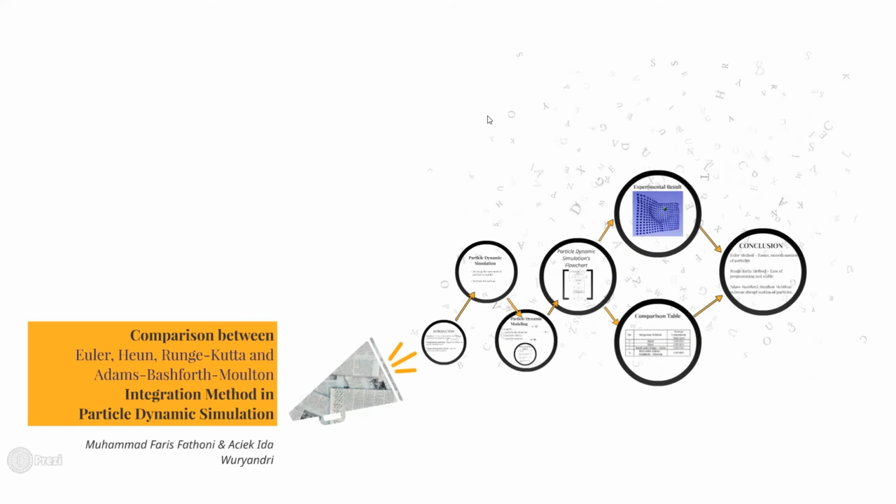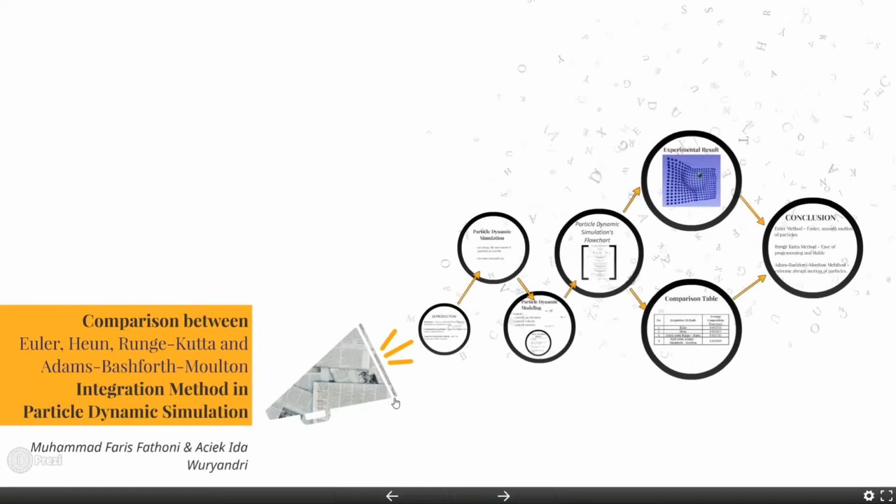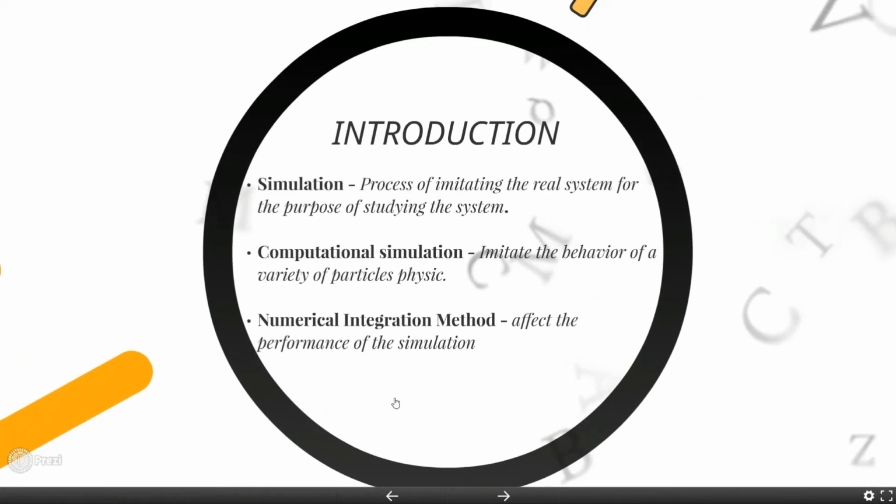As for the introduction, simulation is a process of imitating a real system for the purpose of studying the behavior of the system, and computational simulation imitates the behavior of a variety of particle physics such as solidification. Another important key is the numerical integration method, which affects the performance of the simulation.